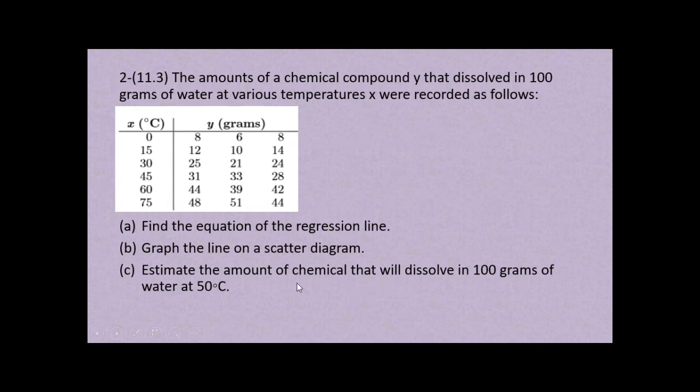Find the equation of the regression line. So first we will find the regression line just like this problem, and graph the line on the scatter diagram. First we will draw the scatter diagram of the data, and then we will try to fit the line to the data. And estimate the amount of chemical, estimate Y when X is 50. The additional information in this problem is to draw the line on the scatter diagram. So we have to draw the scatter diagram, then draw the line.